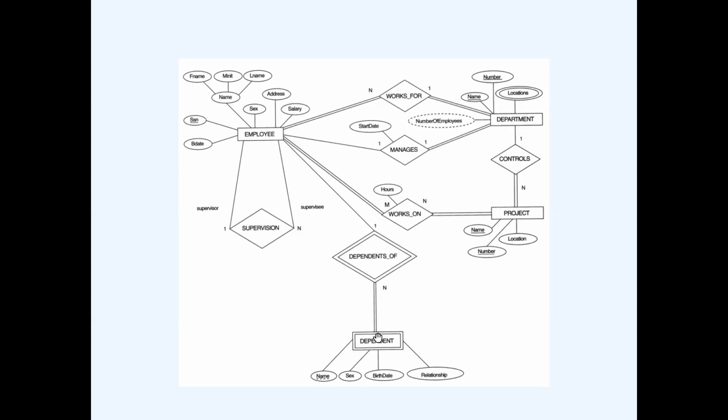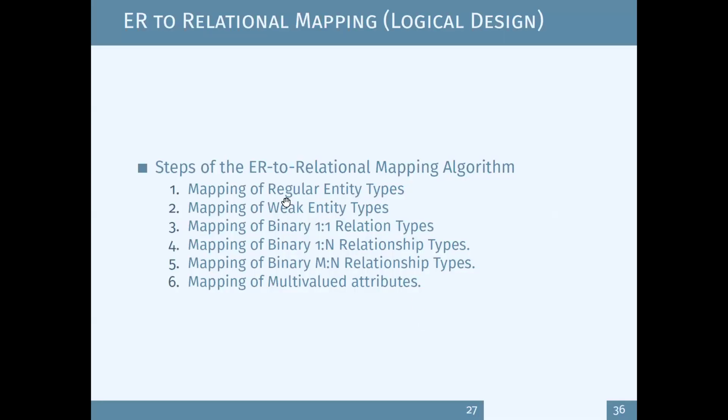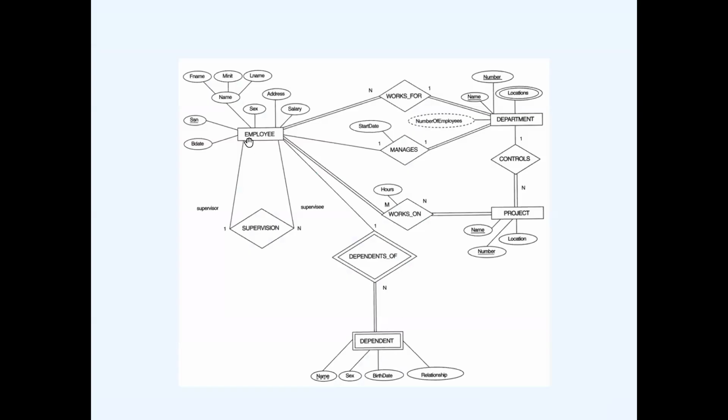Therefore, to make this unique, you have to have an identifying relationship. That's why we have double lines here, which indicates that it is an identifying relation. So the correct answer is there are 3 regular entity types. Then it will give you the answer for the second one: how many weak entity types? We have 1 weak entity type.